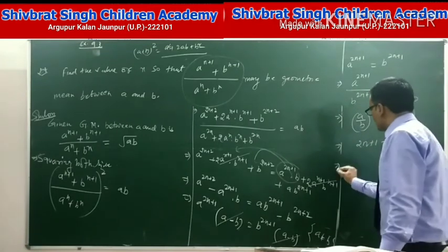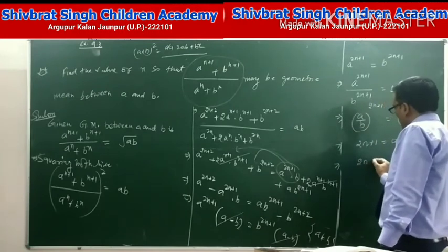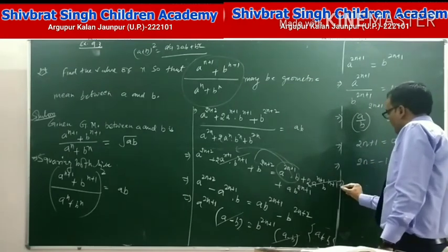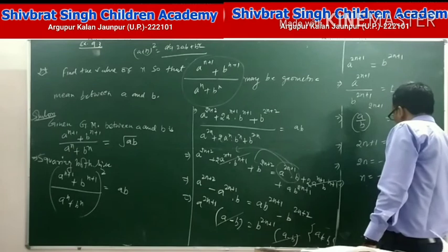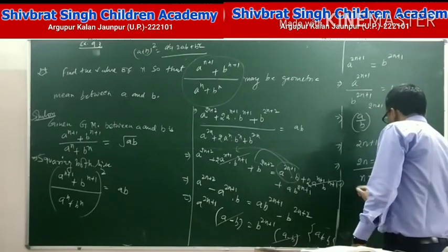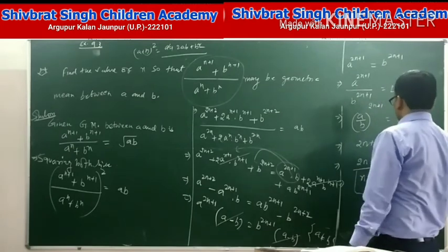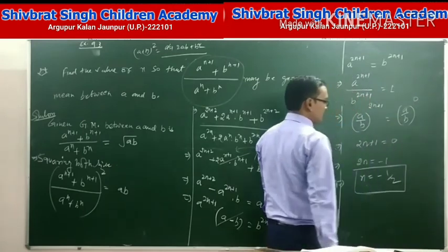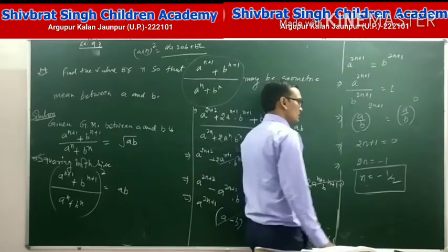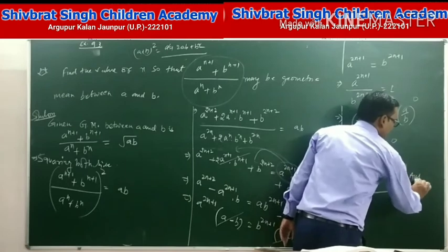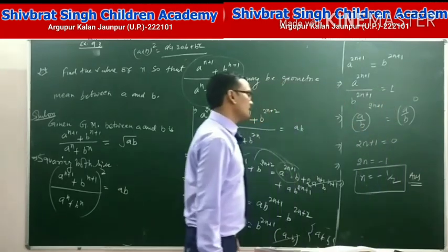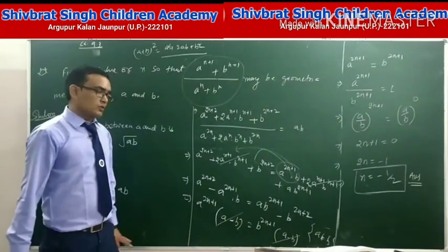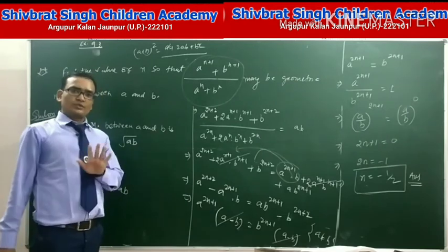That means 2n equal to minus 1, so n equal to minus 1 by 2. Your answer is n equal to minus 1 by 2. Understand, student?